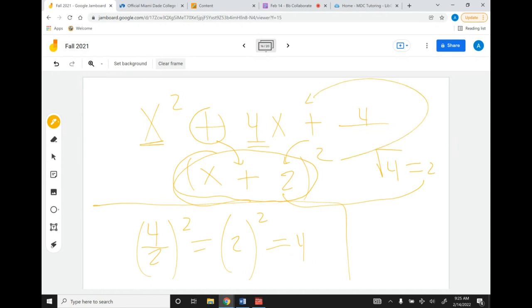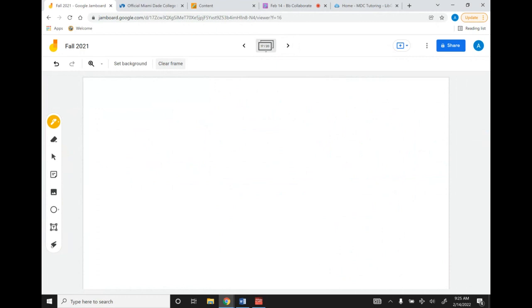Okay, let's do one more. x squared plus these two fractions. I mean, it doesn't matter what number it is. Suppose you have this, right? Now, this time, you take the 3 and you divide it by 2. And guess what? It doesn't simplify to a single nice number. So this time, when you square it, you get 9 over 4.